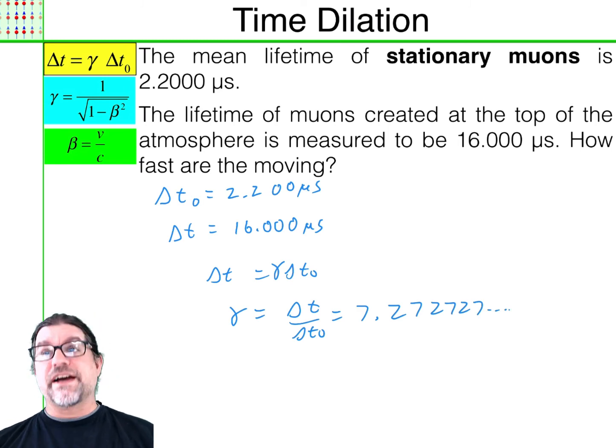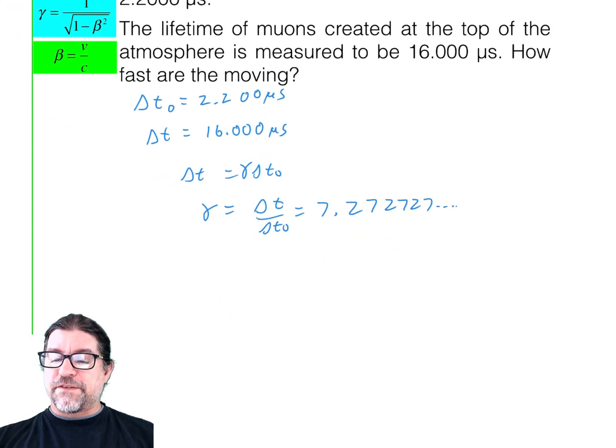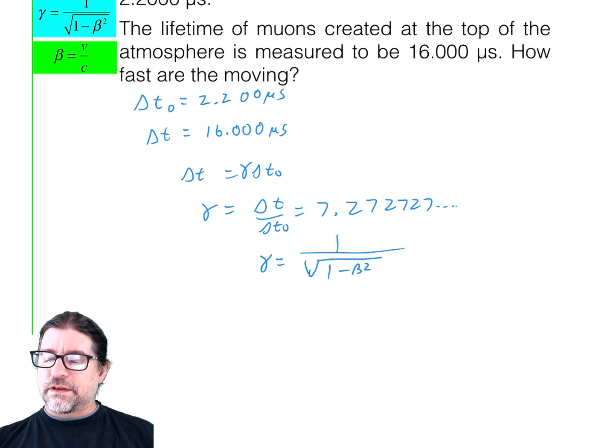So we want to find beta, right? What we have to do is find out how fast it's going. So let's use this expression: gamma is equal to 1 over the square root of 1 minus beta squared. Let's invert this.